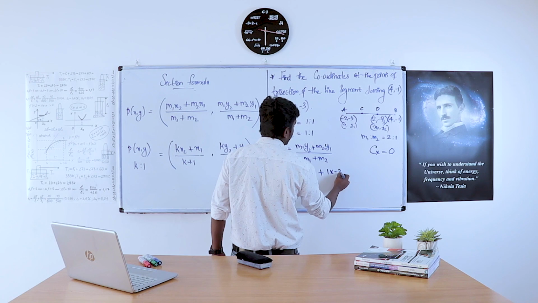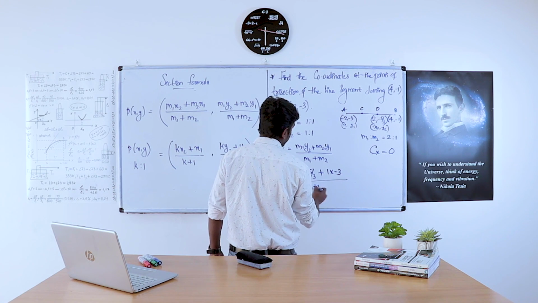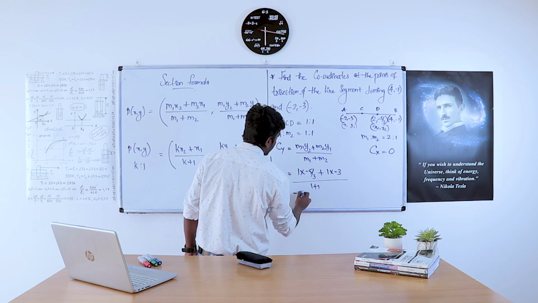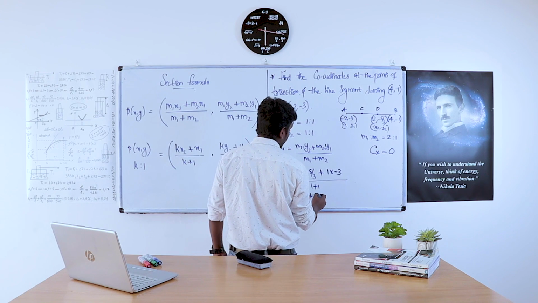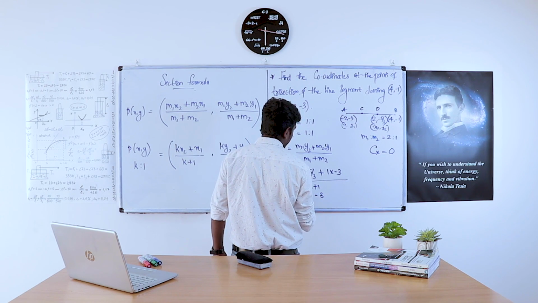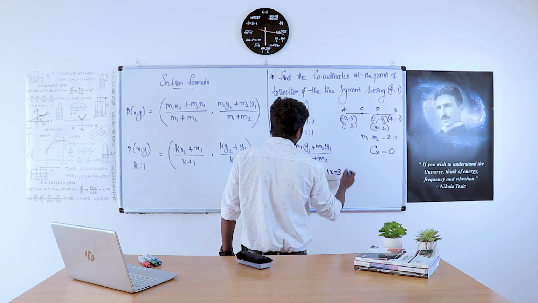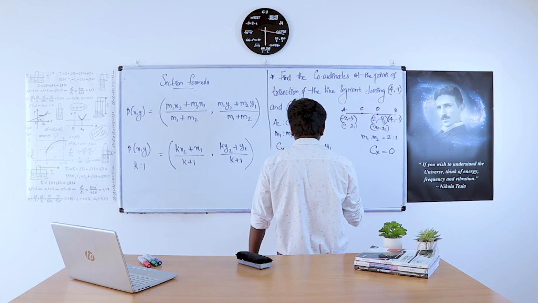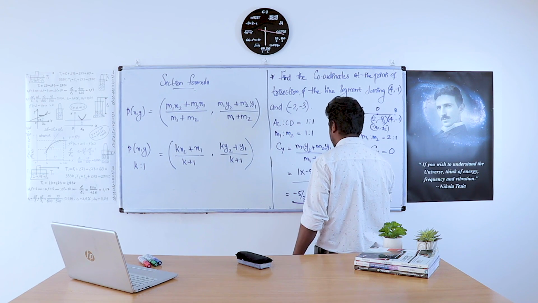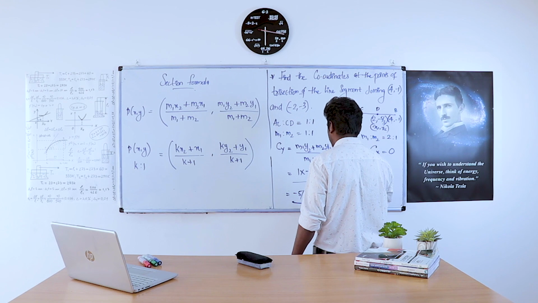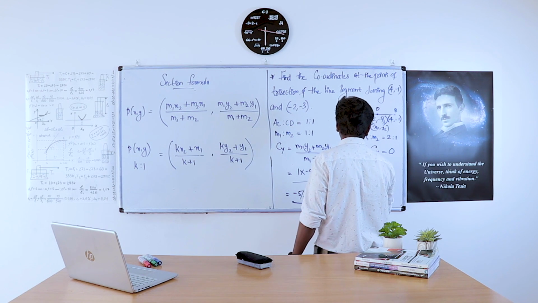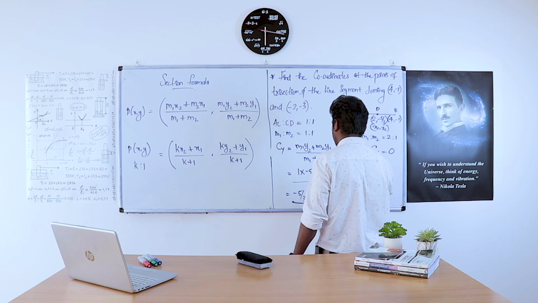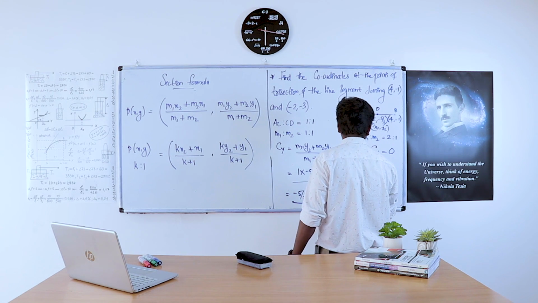What is y1? It is minus 3, whole divided by 1 plus 1. That is 1 into minus 5 by 3, it is minus 5 by 3, plus 1 into minus 3, it is minus 3, whole divided by 2. Then minus 5 by 3 plus minus 3, cross multiplying, minus 5 into 1, it is minus 5 plus 3 into minus 3, it is minus 9, whole divided by 3, again whole divided by 2.